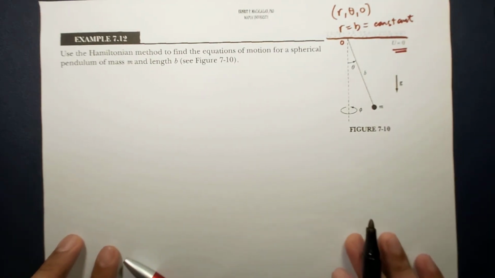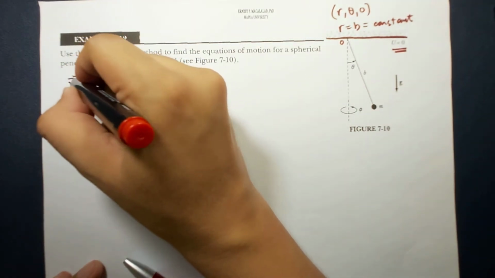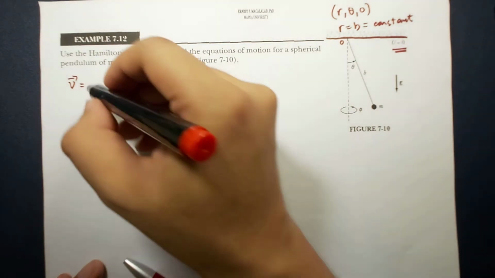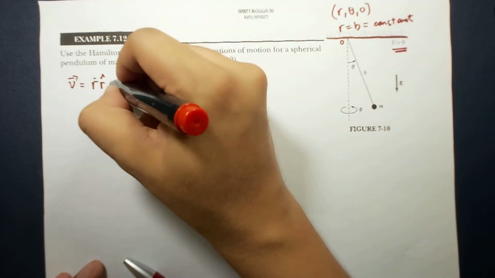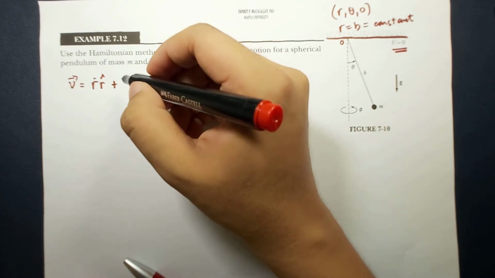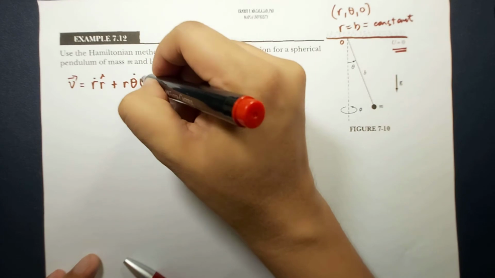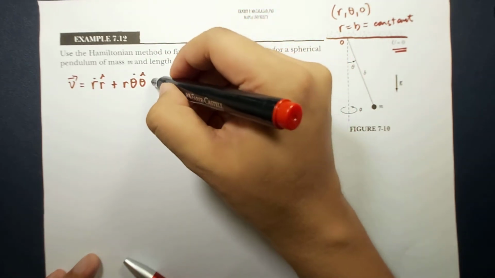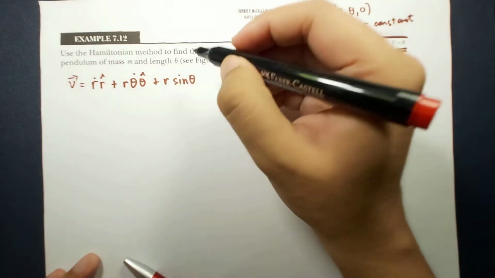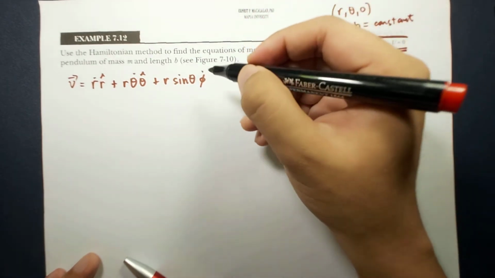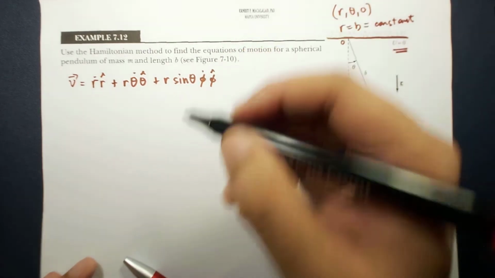In spherical coordinates, the velocity is given by r dot r hat, as we have already discussed before, plus r theta dot theta hat plus r sine theta phi dot phi hat.